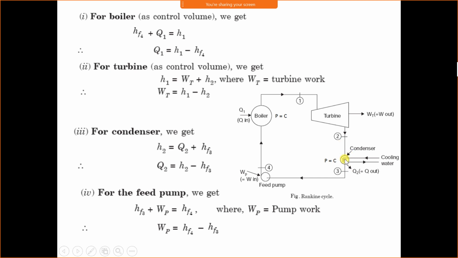Heat rejected across condenser is H2 minus H3, and work supplied to the pump is enthalpy across pump, that is H4 minus H3. Okay, since here it is a liquid, H4 is HF4, and here also it is a liquid, it is HF3.